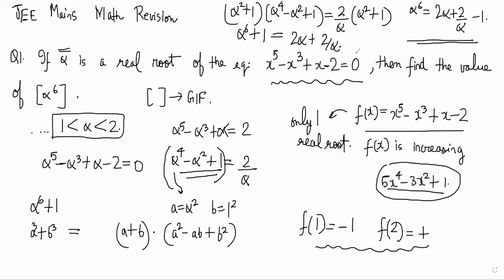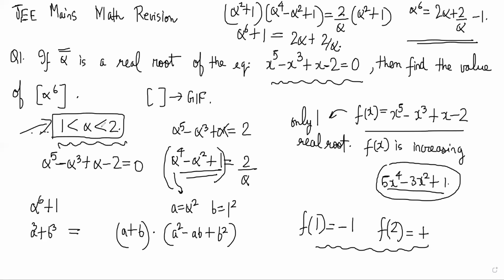Correct. And now you can sort of estimate the range of this, and hopefully that should give us the GIF. We know that alpha lies between 1 and 2, right?